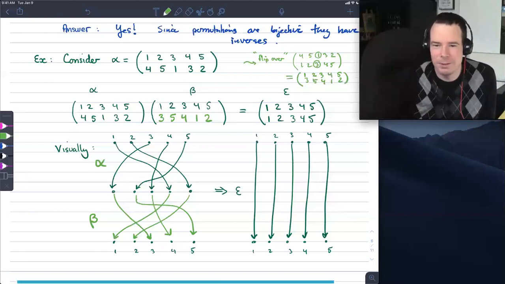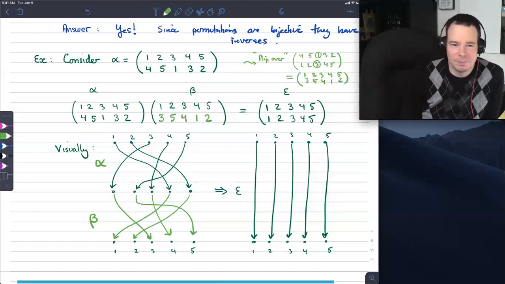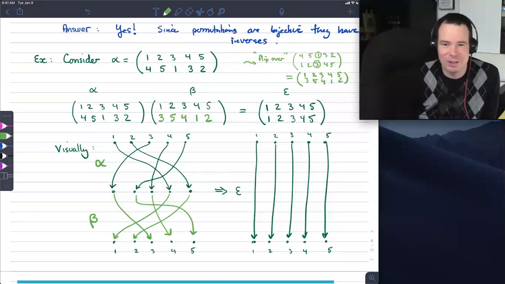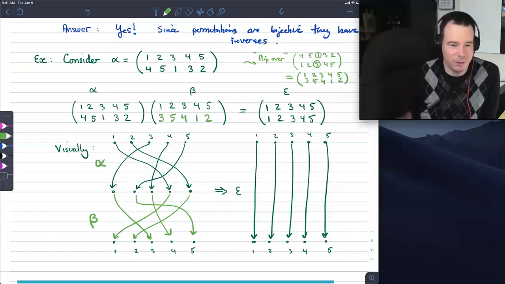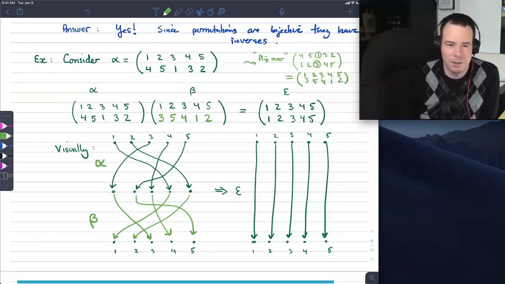So here's the cool thing. That's computing inverses. If you think about any other class where you've computed inverses, linear algebra, there was a lot of work involved in computing the inverse of a matrix. Computing the inverses of functions in pre-calculus or calculus, there was a lot of work involved here. But for permutations, inverses are quite straightforward to work out.